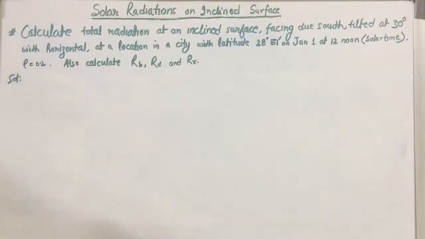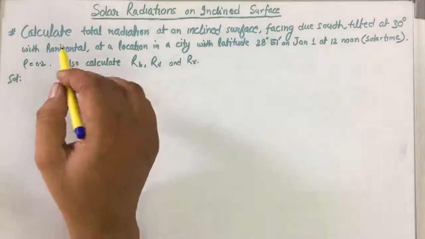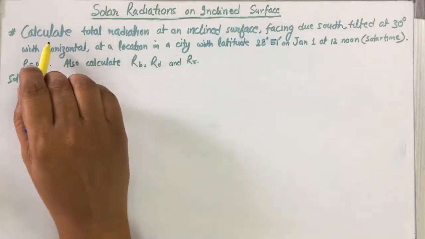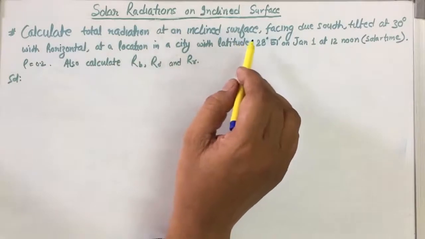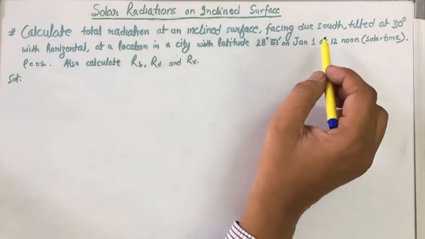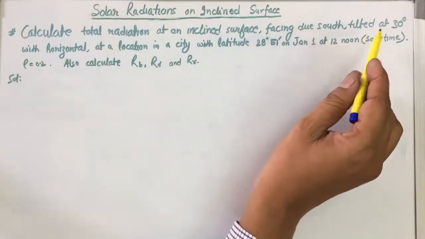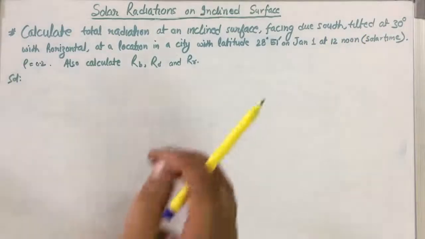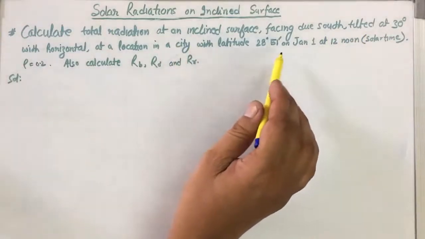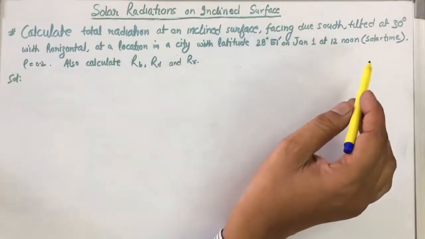Now let us try to solve one example based on the terms we have studied till now. The problem is to calculate the total radiation on an inclined surface facing south, tilted at 30 degrees with horizontal, at a location in a city with this latitude, on January 1st at 12 noon.